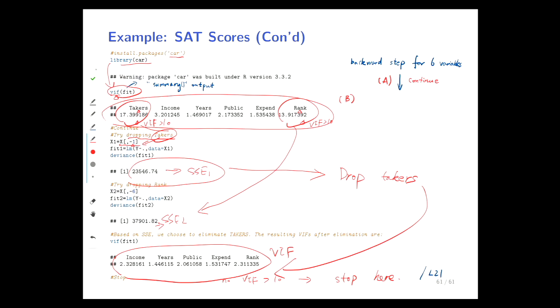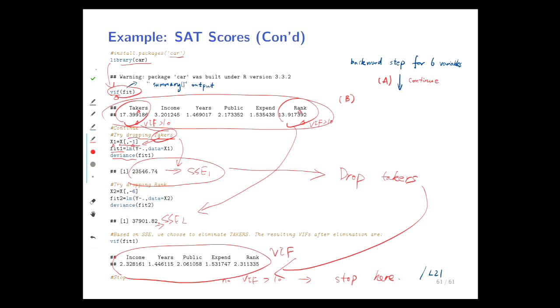And in that case, we have this new data matrix without this variable, and then we try the linear regression, and also we can look at the linear regression result without this variable by using this deviance function. So using this deviance function, we can obtain the sum of the squared error, which measures the goodness of fit for this model.